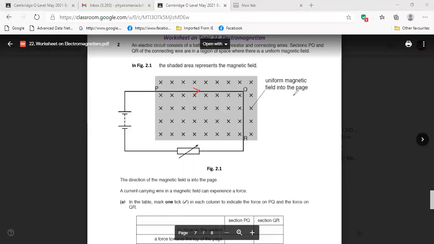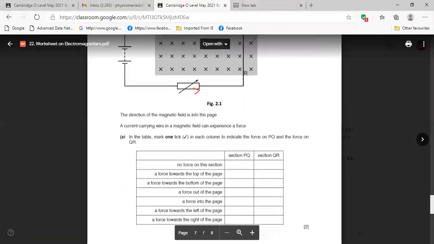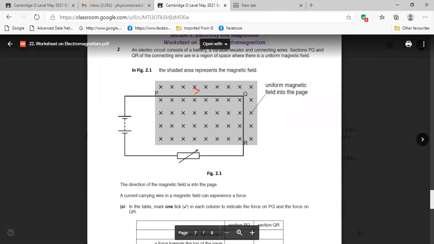Then where is your force? Upward. So if it is upwards, then the answer is a force towards the top of the page, right? Yes. Okay.